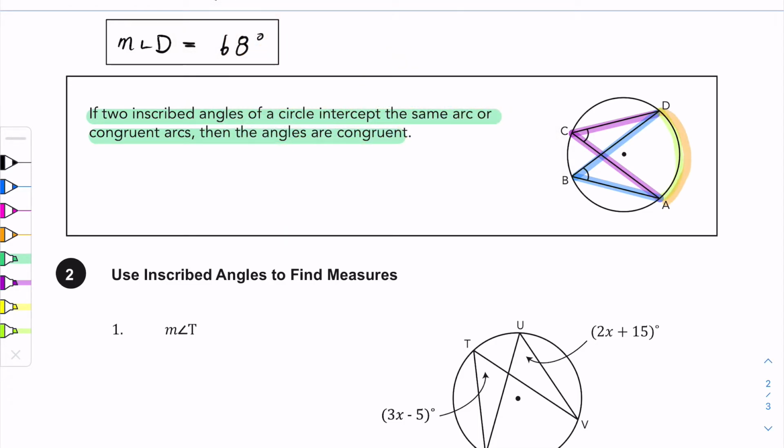So you have 2 chords coming together to intercept an arc, and the same thing happens twice, and therefore these angles are considered to be congruent. So you could say angle C and angle B are congruent because of this theorem.